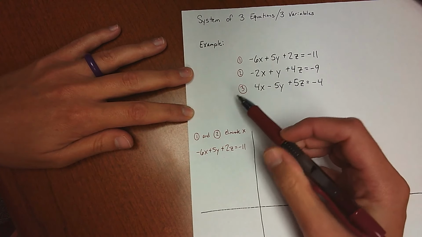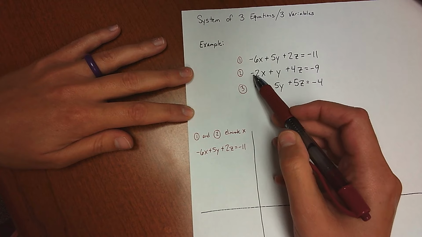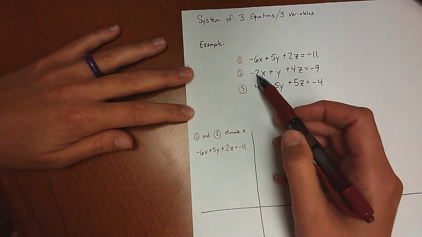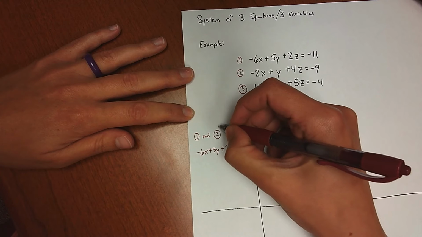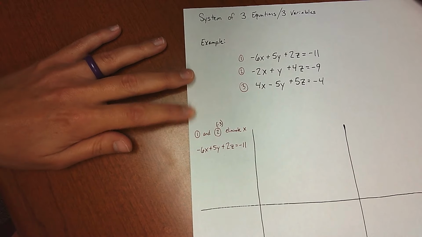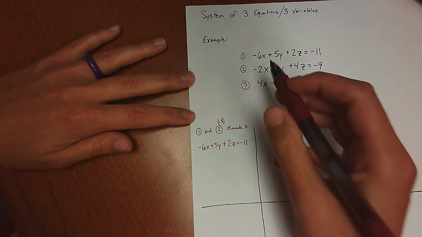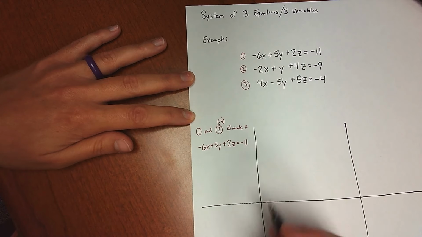But in order to make it so they have the same number out in front with different signs, right now I have a -2, I need that to become a +6. So -2 times what becomes +6? I'm going to take the entire equation 2 and multiply by -3. So I'm going to multiply every term in my second equation by -3.